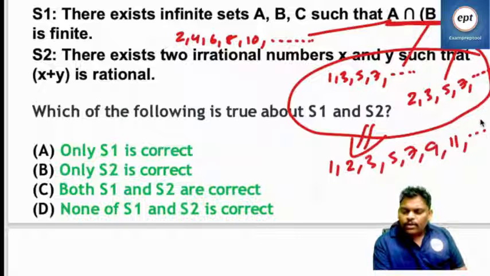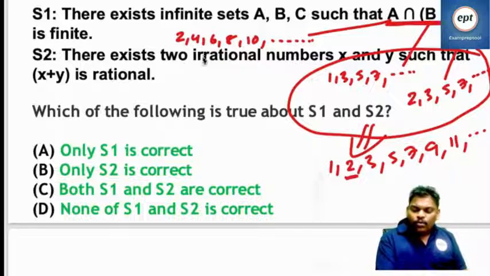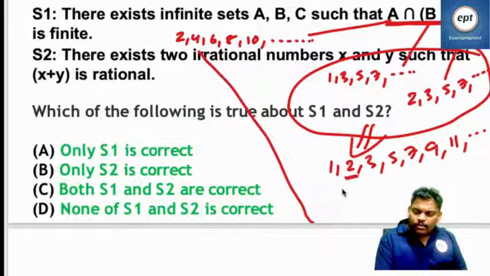All odd numbers will come, because odd numbers are more. Interesting thing is 2 also will come.